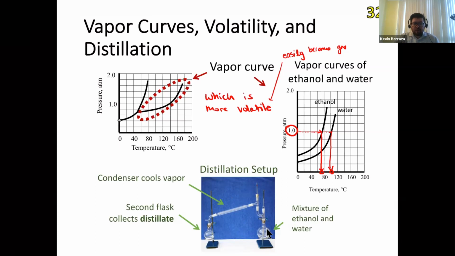It contains two liquids. In this example, it's ethanol and water. But what we're doing is separating by, and all separations exploit a difference in boiling point. I'll just say boiling point.